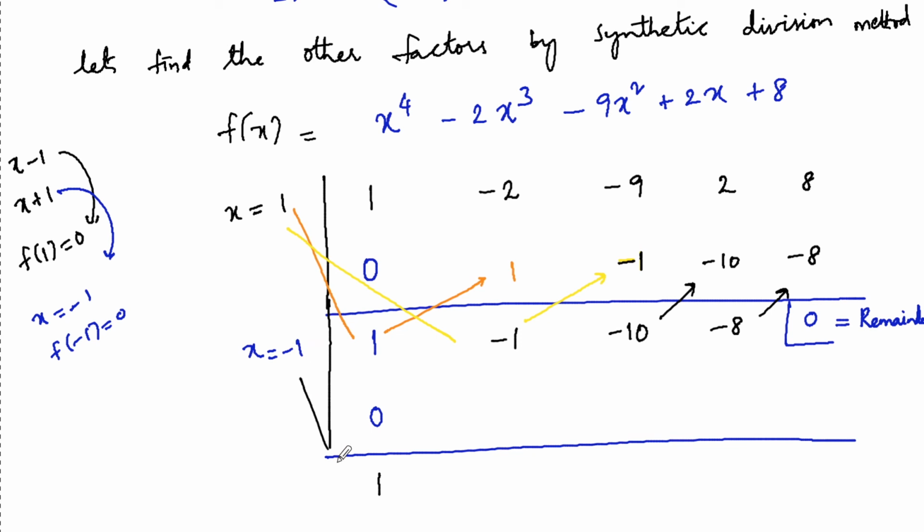Again the same, minus 1 into 1, minus 1. Minus 1 minus 1 is minus 2. Again minus 1 into minus 2 is plus 2. So minus 10 plus 2 is minus 8. Minus 1 into minus 8 will become plus 8. Minus 8 plus 8 will be 0. So we are getting again 0 as a remainder since x plus 1 is a factor.